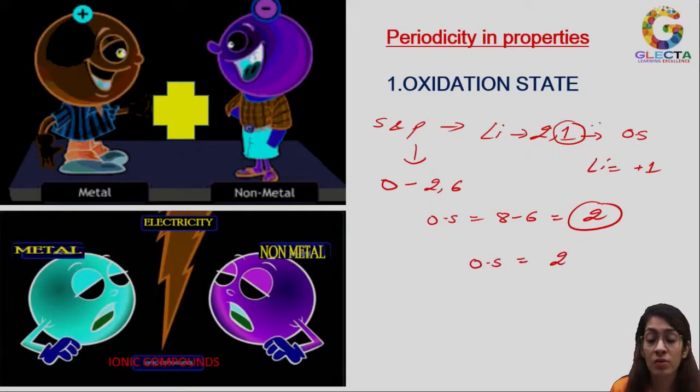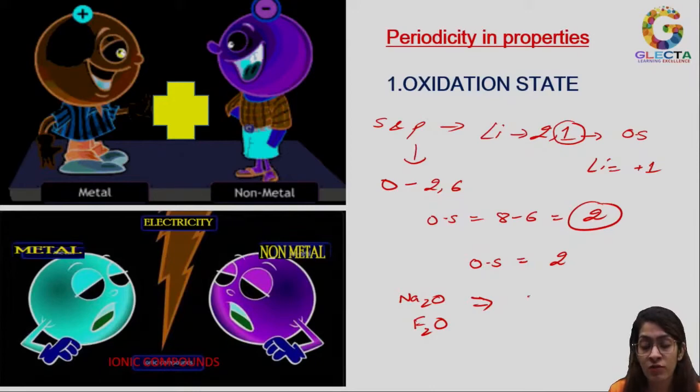Now, the oxidation state varies from compound to compound. For example, if you talk about Na2O and F2O, the oxidation state of oxygen in both the compounds is different. Oxygen, being more electronegative than sodium, will attract the shared pair of electrons, and it will show an oxidation state of -2, and sodium will have the oxidation state of +1.